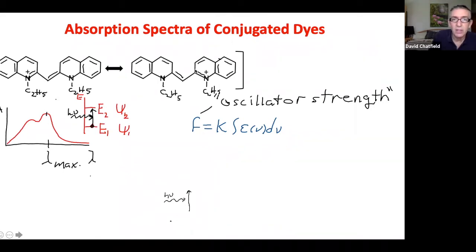So let me just write down that word, extinction coefficient, so you know what it is. You may have seen it before in an earlier course. So the extinction coefficient.